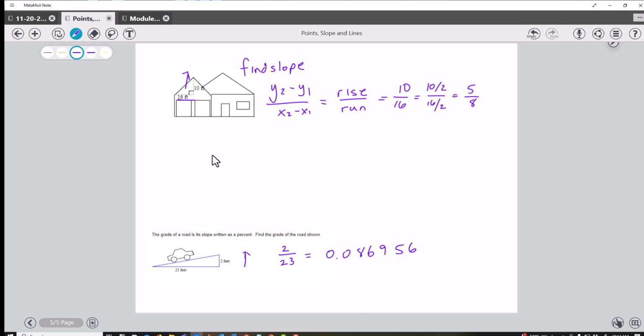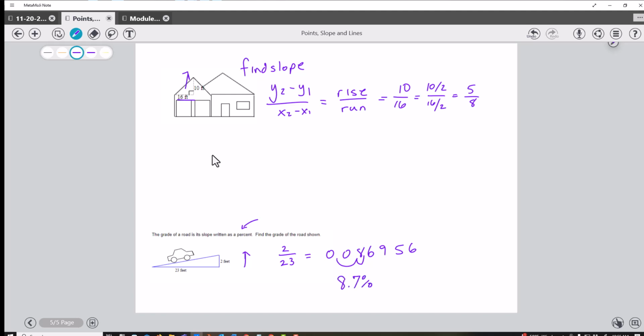And they want it in percent. So remember, move that decimal 2 places, and then round this one, I'm going to round to 1 decimal place. So that's a 9. The 6 is going to go up, and we get the percent.